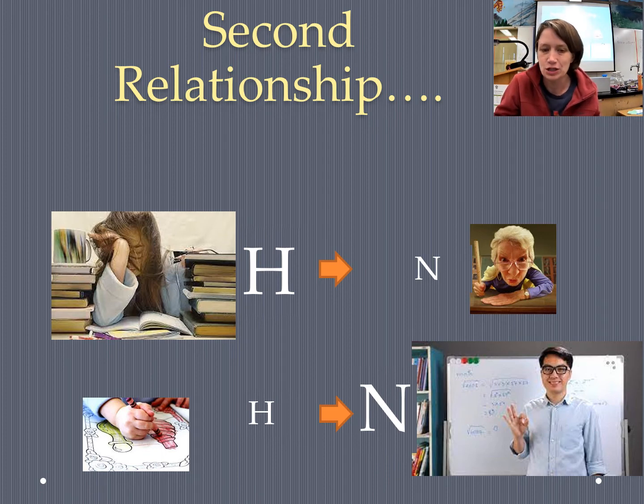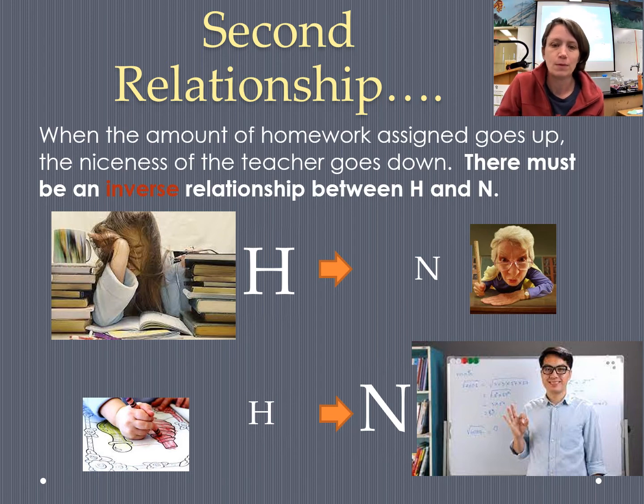So when you look at this situation, more making less and less making more, hopefully you come to the conclusion that as the amount of homework goes up, the niceness goes down. That means there must be an inverse relationship between this variable h, which is homework, and n, which is the niceness of the teacher. So those are the two relationships. We've got one linear and one inverse.